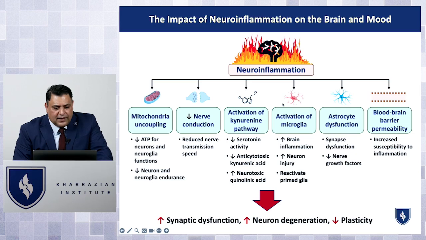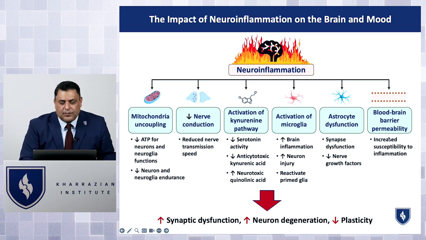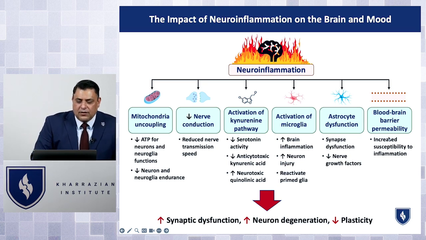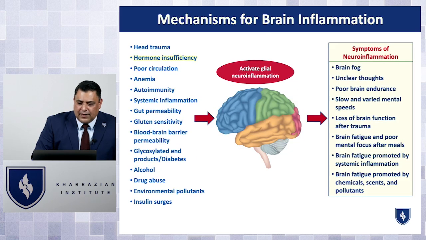These pro-inflammatory states can uncouple neuron mitochondria, they can impact nerve conduction, they can activate the kynurenine pathways, which impact serotonin, and they can cause astrocyte dysfunction and blood-brain barrier permeability. We went into this in lots of detail in the neuroinflammation and mood disorders courses, but you have to realize that hormone insufficiencies cause massive brain inflammation.